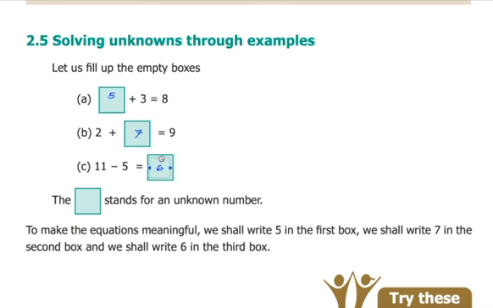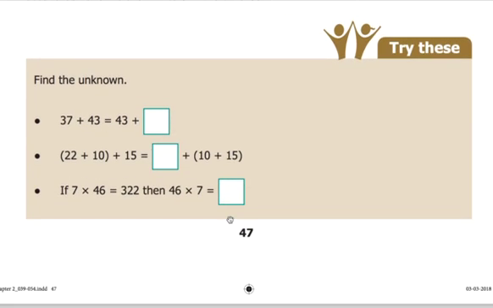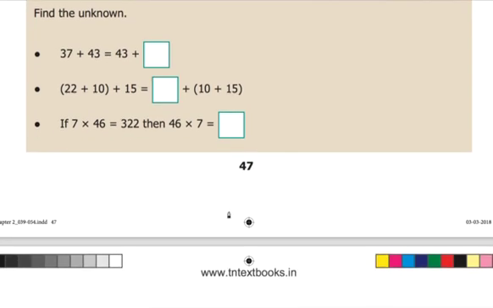So this box stands for an unknown value. To make the equations meaningful, we shall write 5 in the first box. We shall write 7 in the second box. We shall write 6 in the third box. This is 37. This one is 22. This also 322.